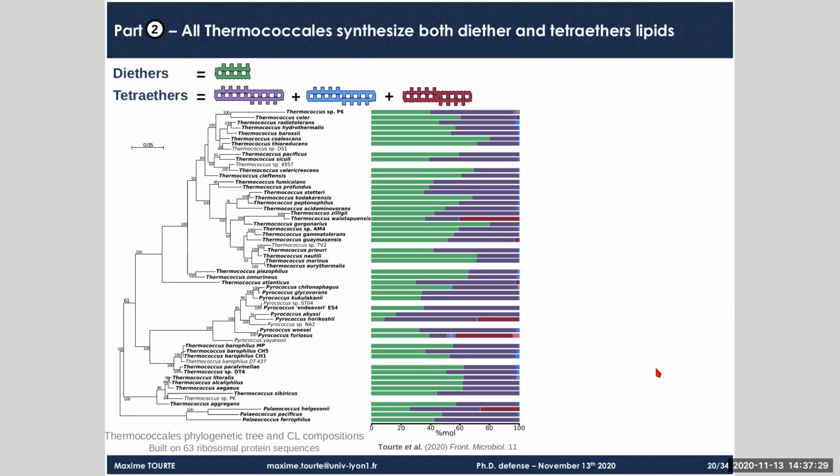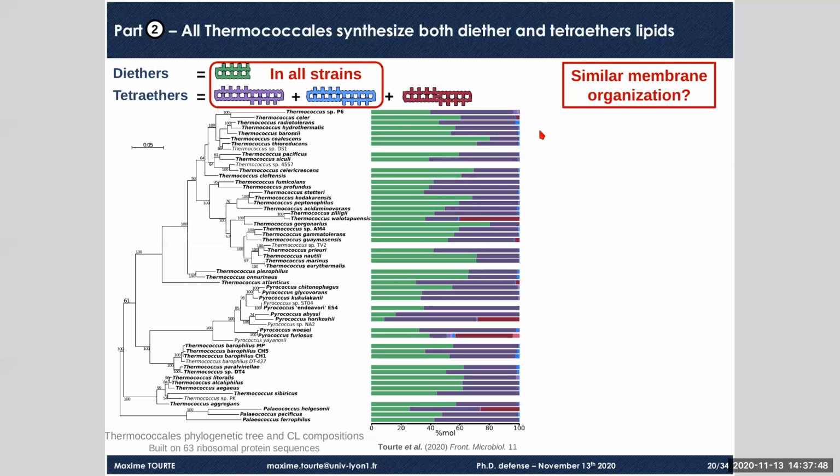So we did the same thing for the 53 strains of Thermococcales that we had in the lab. Here you have, again, the phylogenetic tree of Thermococcales and their lipid compositions. The color code is the same as before, diethers in green and tetraethers in purple, blue, or red. The first thing that we could observe is that all our strains of Thermococcales could synthesize both diethers and tetraethers.